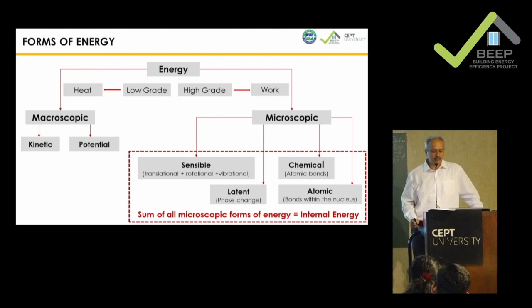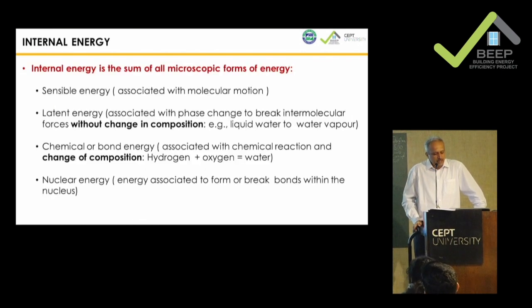Later on, Prashant and Pierre will talk about how we manage these two things separately. Sensible load is basically translational, rotational, or vibrational. Latent load is when we are in the change of phase conditions, and we'll try to explain that a little bit more. Internal energy is the sum of all microscopic energy: sensible, latent, chemical and nuclear.